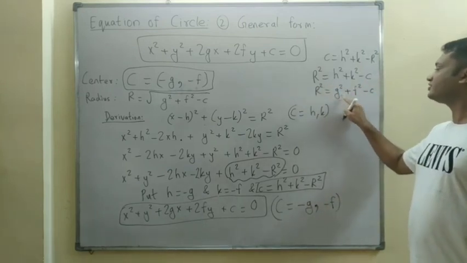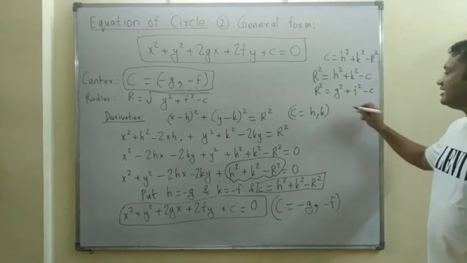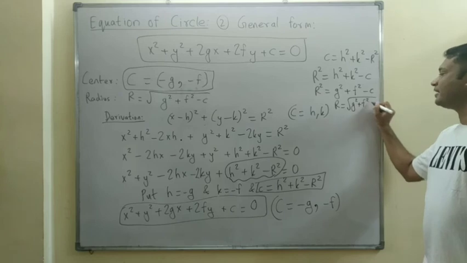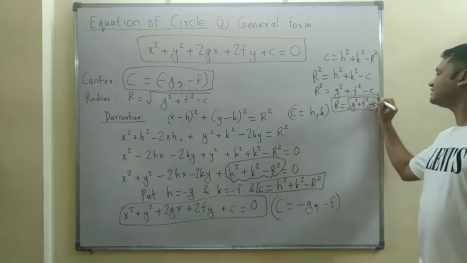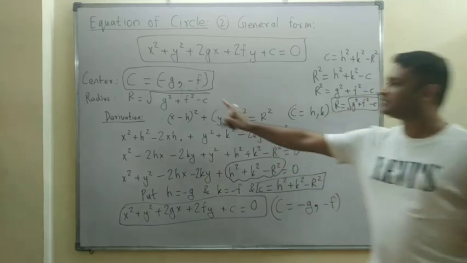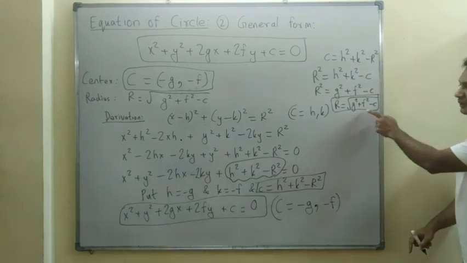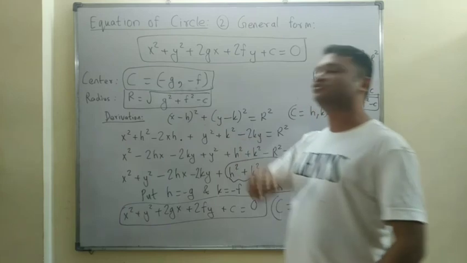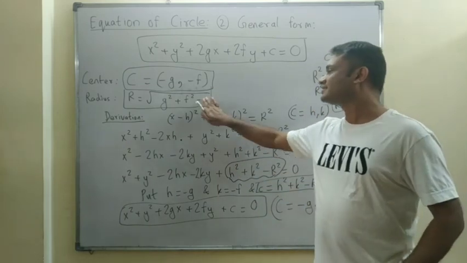So r square is g square plus f square minus c, which gives the radius r as root of g square plus f square minus c. So we have derived the expression for radius. The radius of circle comes out to be root of g square plus f square minus c.